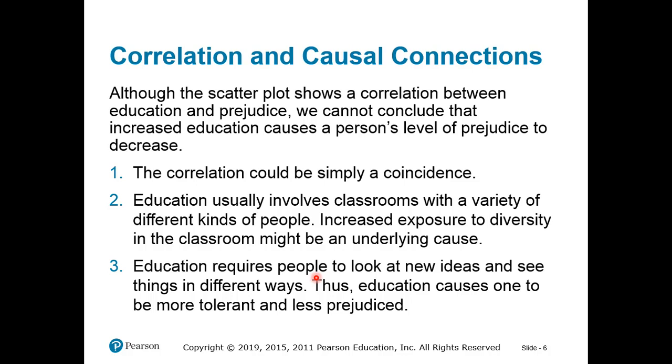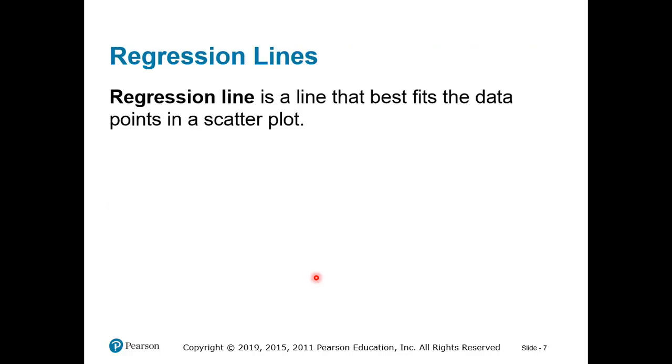Three, education requires people to look at new ideas and see things in different ways. Thus, education causes one to be more tolerant and less prejudiced. So there could be a cause-effect relationship, but we can't say there is one by just looking at a scatter plot.